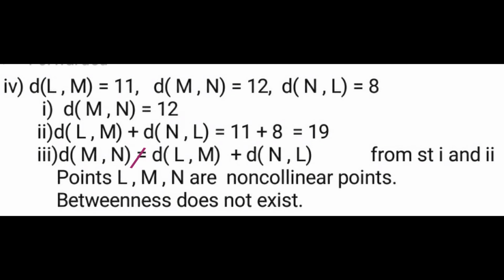Therefore, statement number 1 and statement number 2 give me distance MN is not equal to distance LM plus distance NL. So points L, M, N are non-collinear points. Betweenness does not exist.